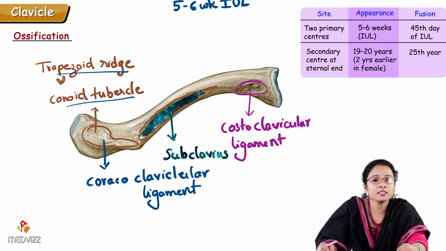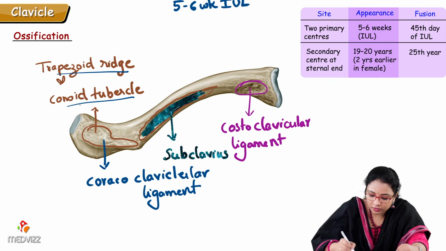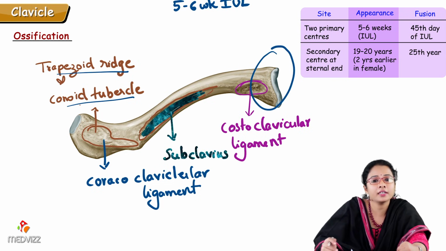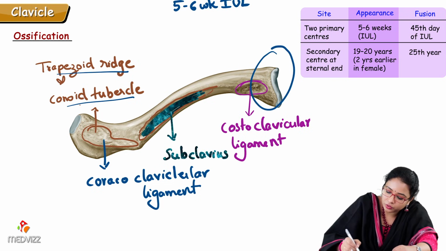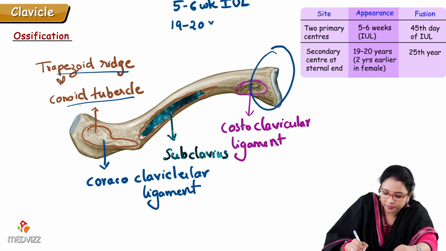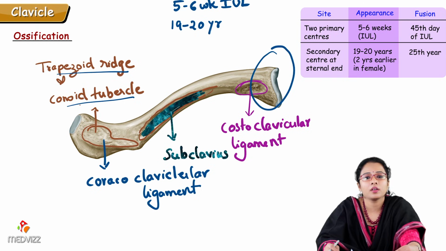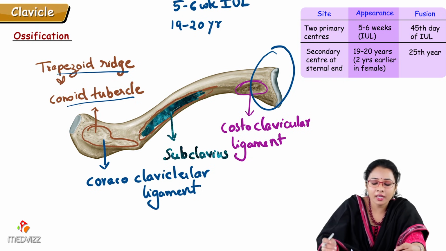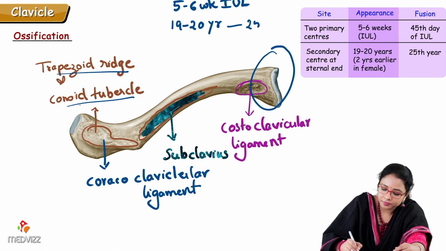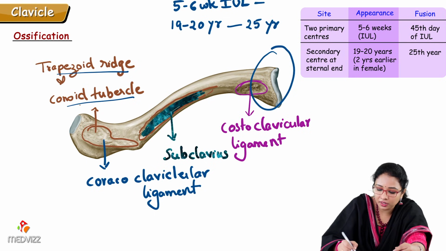The secondary center is for the sternal end, that is for the medial end. It appears usually during 19th to 20th year after birth, and it fuses with the shaft by 25th year. Primary centers fuse by 45th day.